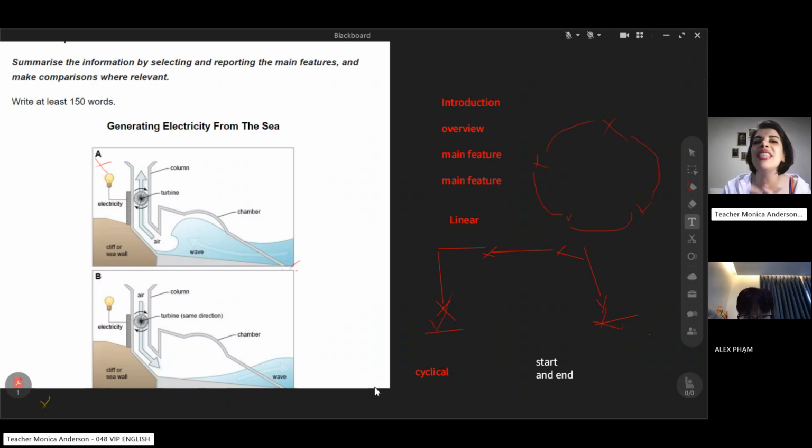Then how many steps do we have? 1, 2, 3, 4. If there are a lot, it can be helpful to number them from one to the final. So how many steps? And after that, can the process be easily broken down into stages?